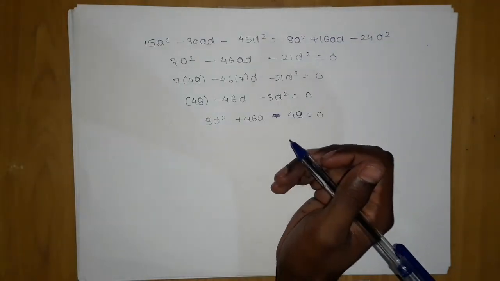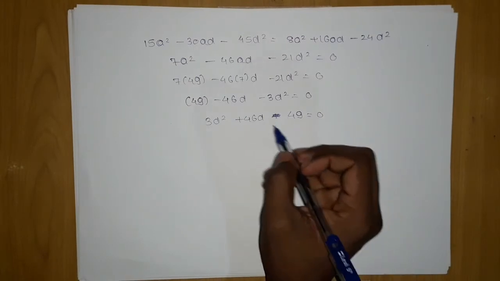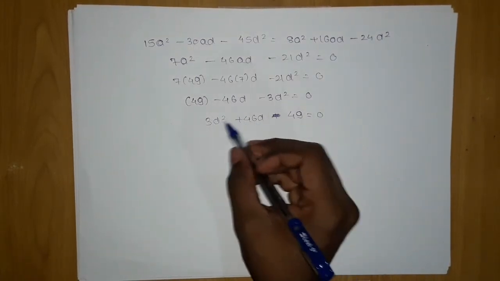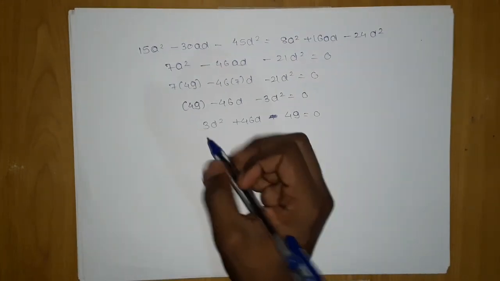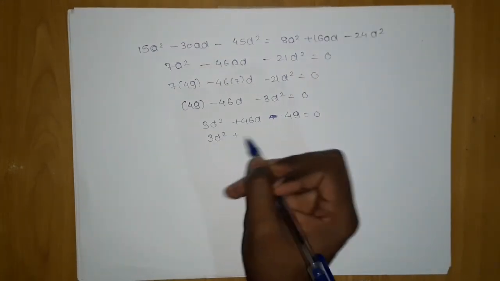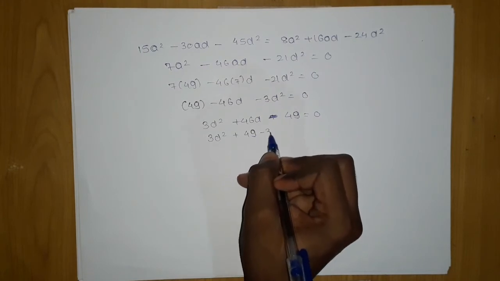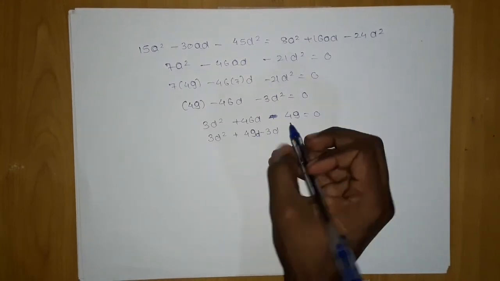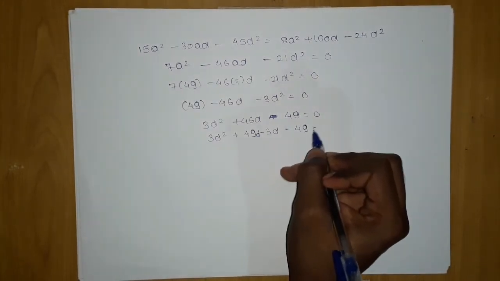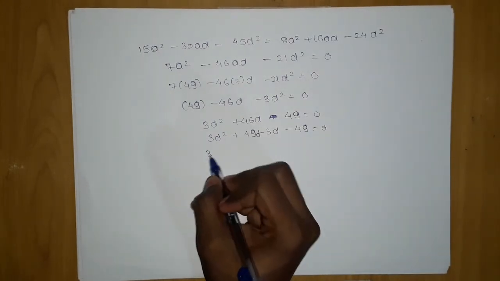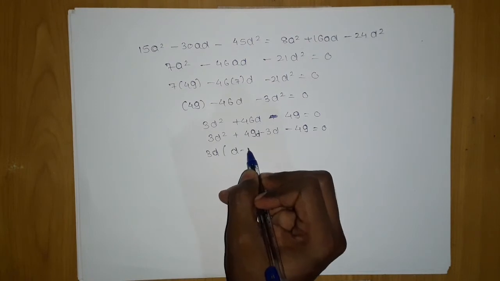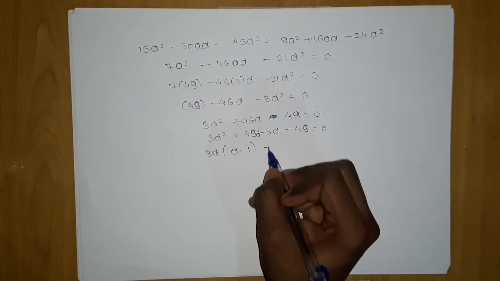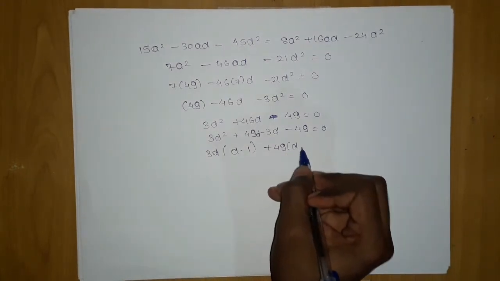What I should get is 49 on multiplication, and on subtracting I should get 46. So I'm getting 3d square plus 49d minus 3d minus 49, which gives 46. So 3d, if I bring out, I get d minus 1. Similarly if I bring out 49, I get d minus 1.